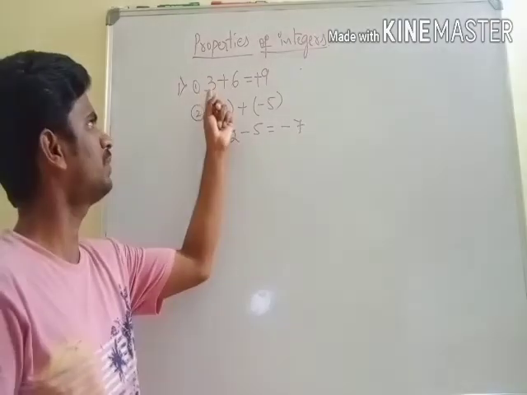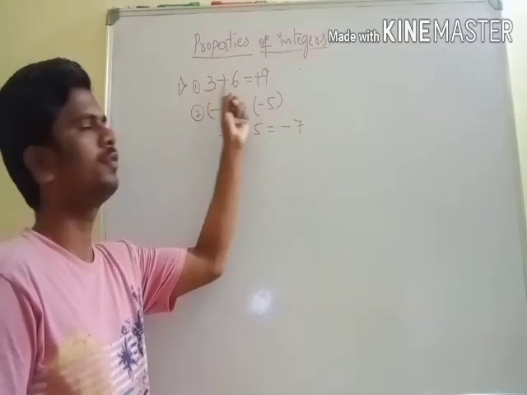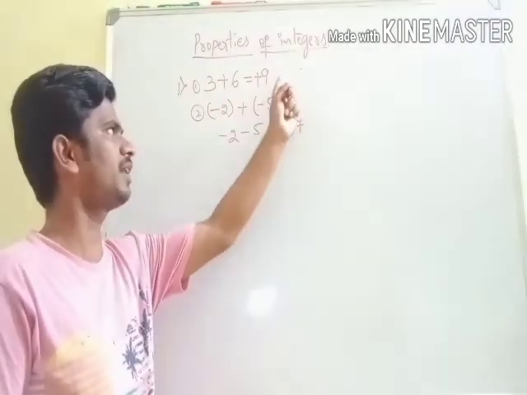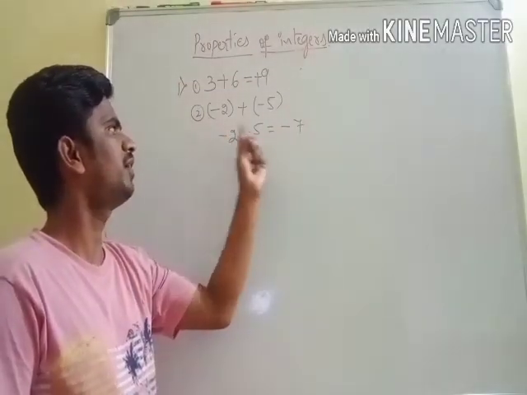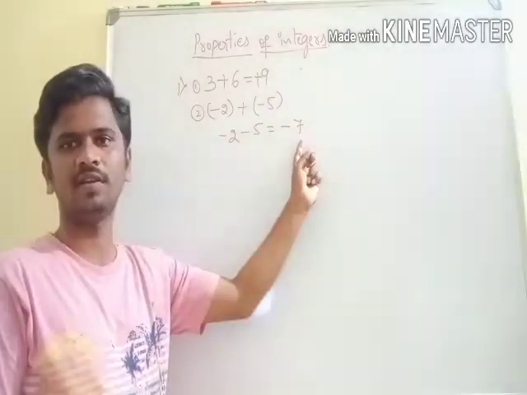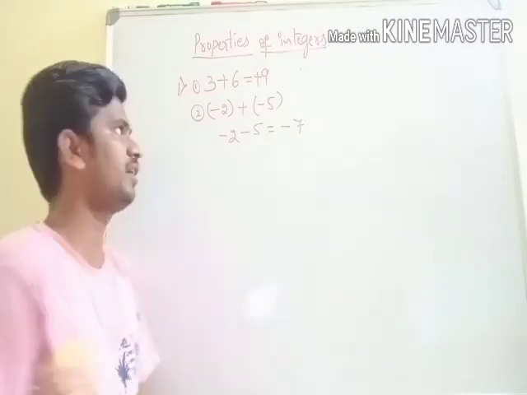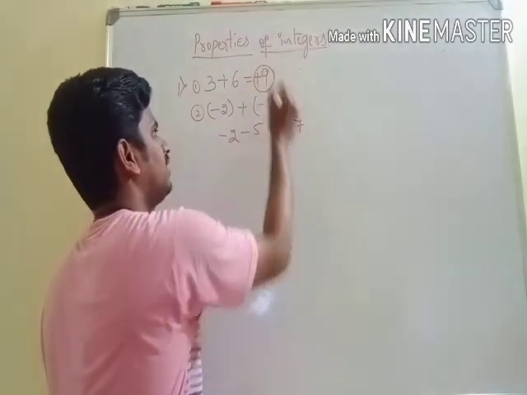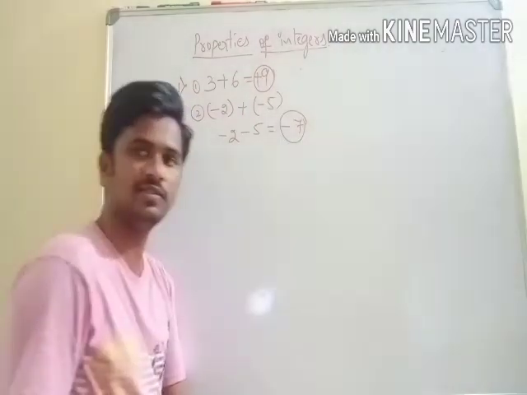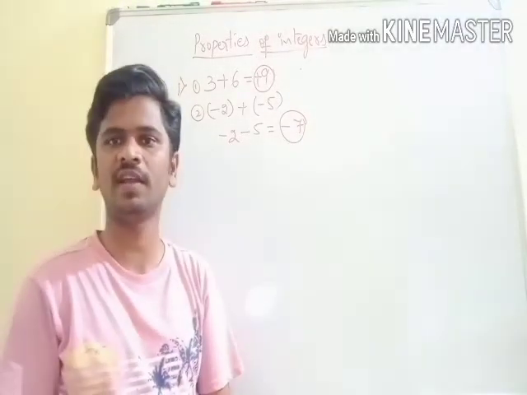Here in the first one, the sum of two positive integers is again a positive integer. Here the sum of two negative integers is a negative integer. It means the resultant is also an integer.